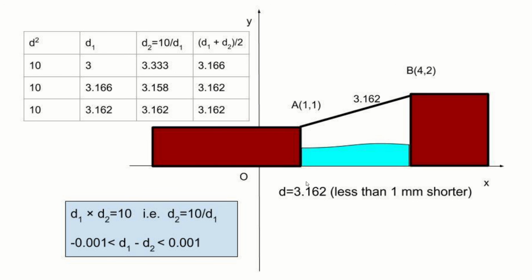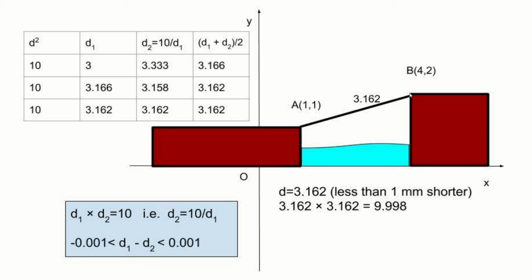Now, if the bridge maker cuts the beam at 3.162, it will be less than 1 millimeter shorter. So it will sit here on the side of this bank. So let's just check. 3.162 times 3.162 will be 9.998.